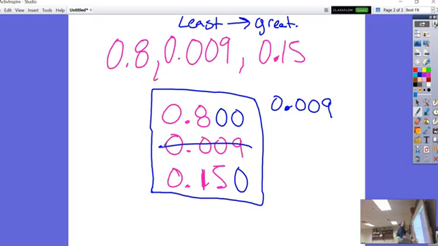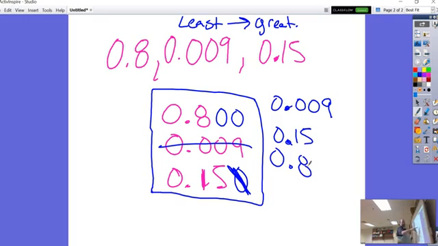The 1500ths is going to be the next greatest decimal. Remember, I could put 0.150, but that extra zero is not needed. It was just a placeholder for us to compare all three. Then I have the 8/10 as my last one.